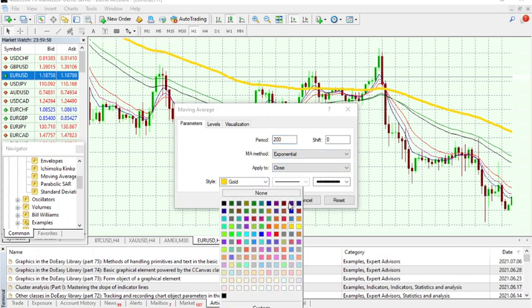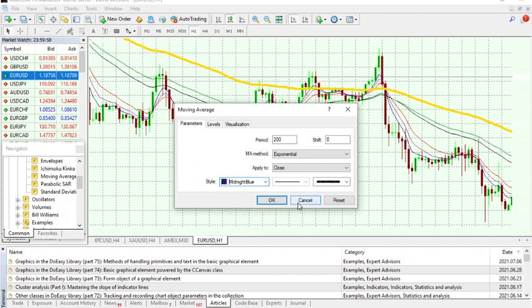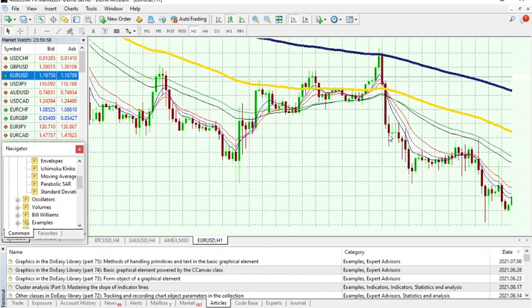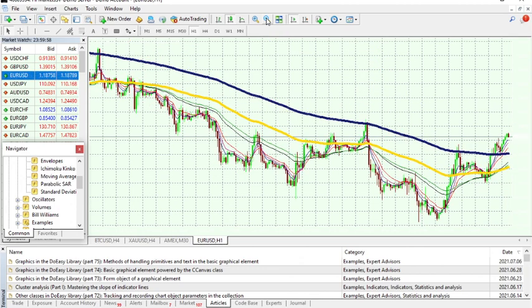Let's just use this blue, midnight blue, and it's thicker also. Okay, the thick ones, you can say that it is the longer term moving average. Now let's try and minimize this.